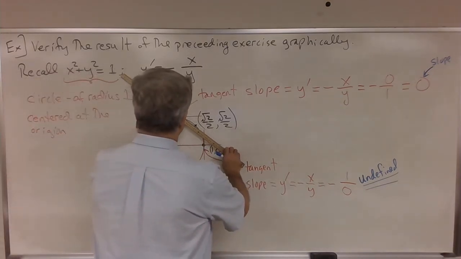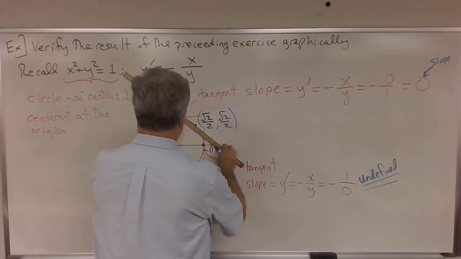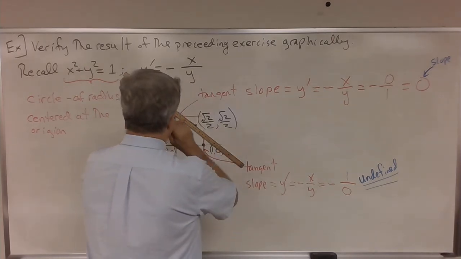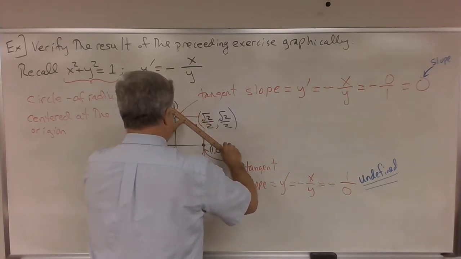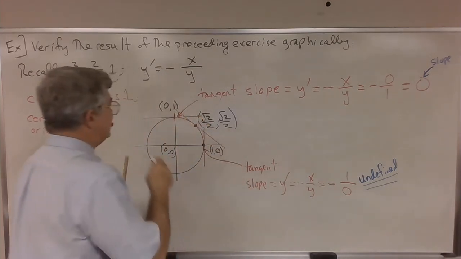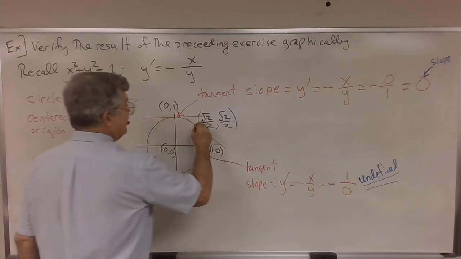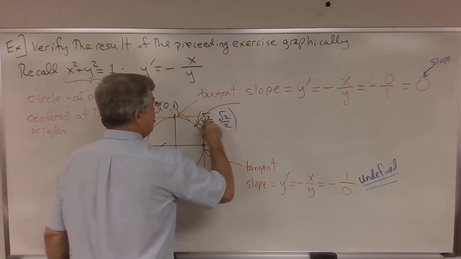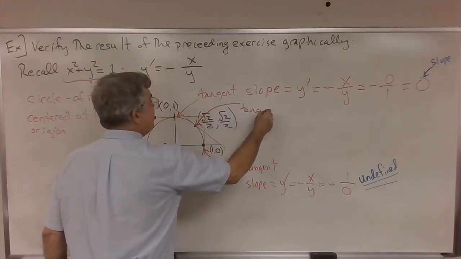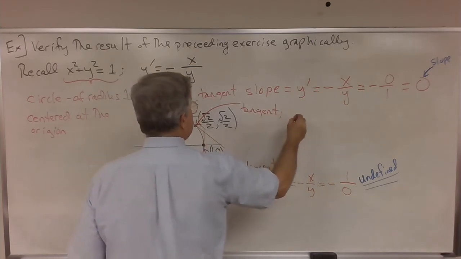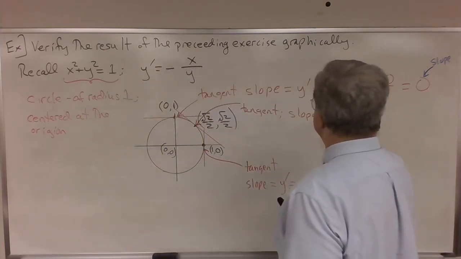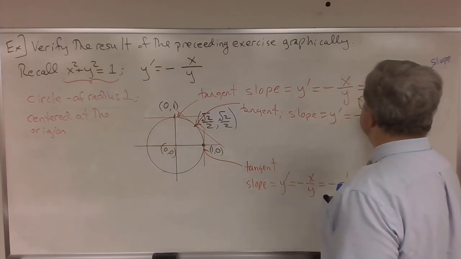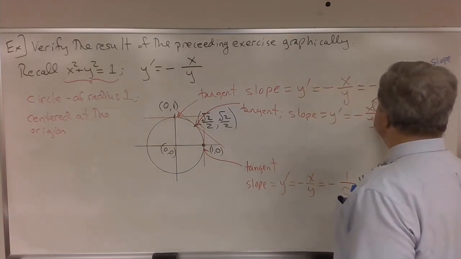I'm going to draw the tangent. The slope is y prime, negative x over y.